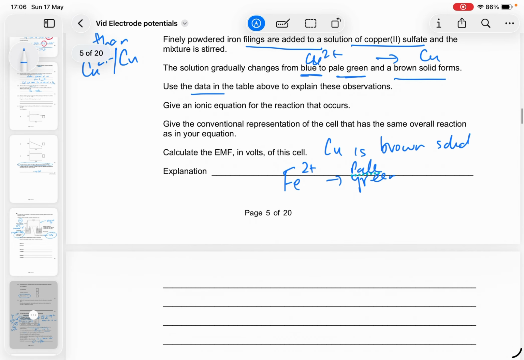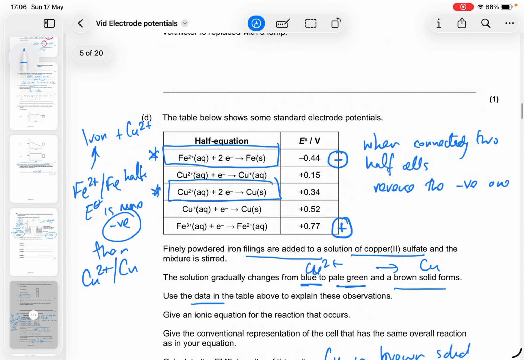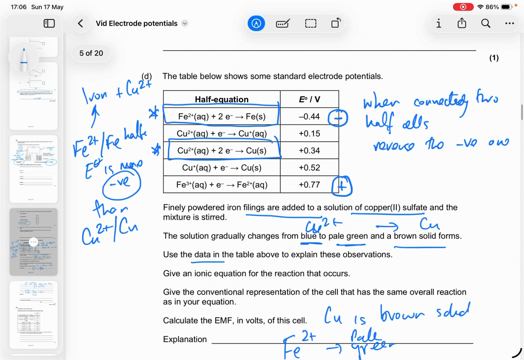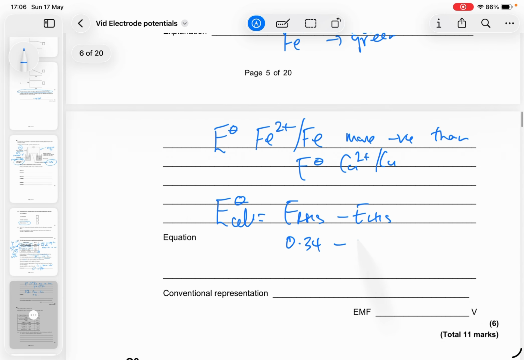And the reaction is occurring because, as I said, the electrode potential value for the Fe2 plus Fe is more negative than the electrode potential value for copper 2 plus and copper. In other words, the electrode potential value for the overall cell is right hand side minus left hand side. Copper is 0.34 and iron is minus 0.44, and that gets you the reaction overall.